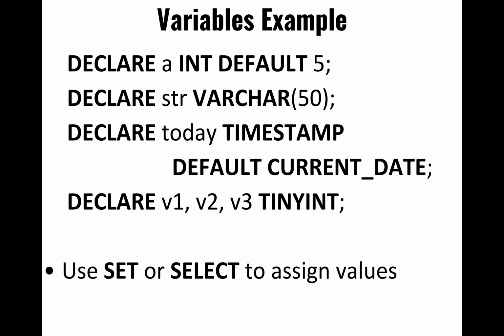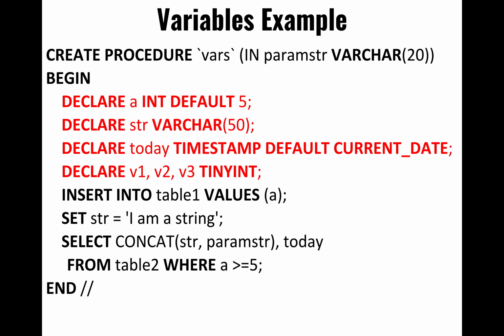Here are a couple other examples of declaring variables: declaring a as an integer, str as a varchar, today as a timestamp, or declaring multiple variables of the same data type, tinyint, and then you can use set or select internally to assign these values.